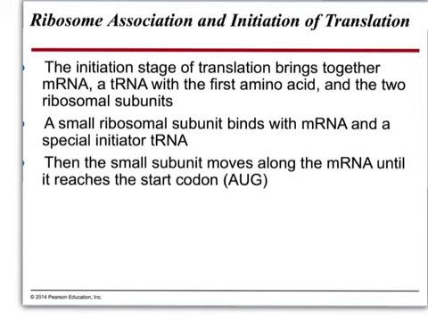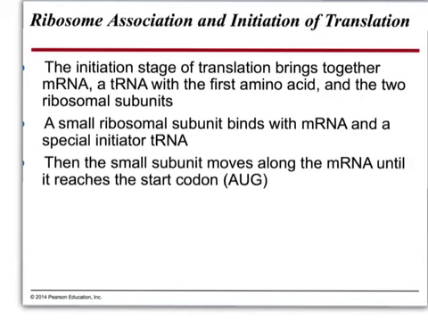Here's your mRNA, and now the large subunit binds on top of it. The mRNA is now clamped in between the small and large subunit, so it stays there. This is your translation complex. The small subunit moves until it finds that start codon. That's when the large subunit binds.